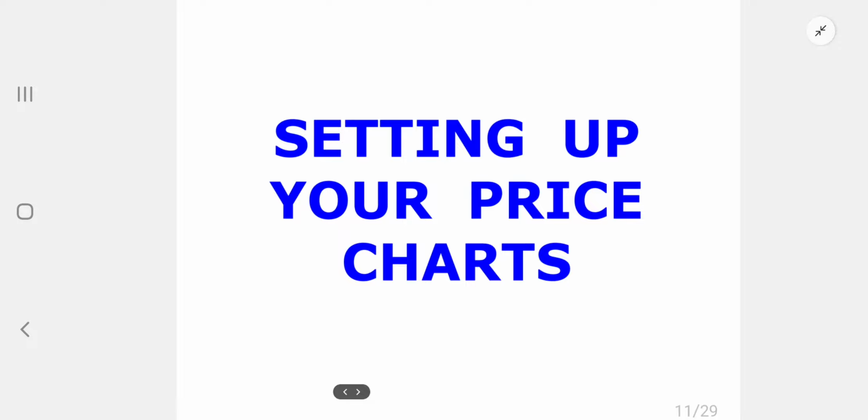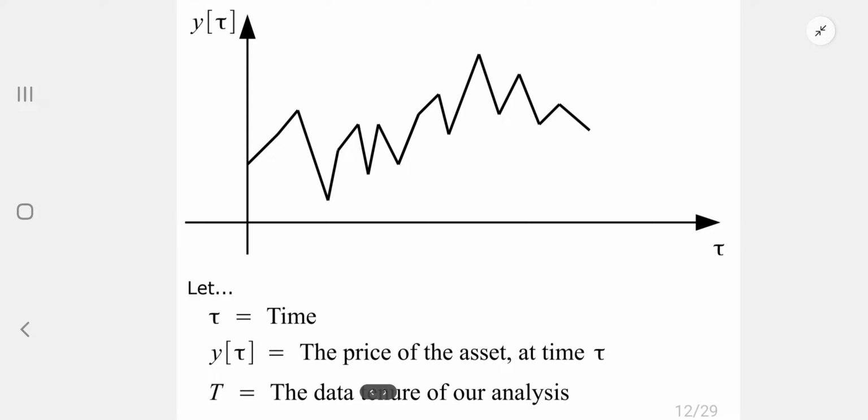Setting up your price charts. Let tau equal time. Let y of tau equal the price of an asset at time tau. And let capital T equal the data tenure of our analysis.